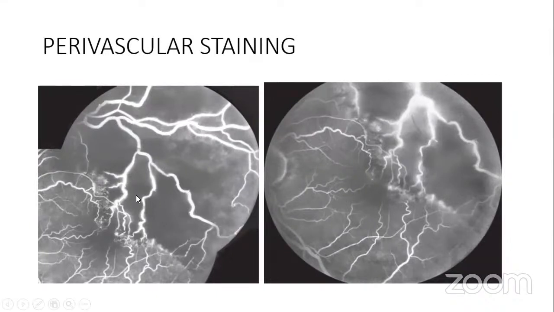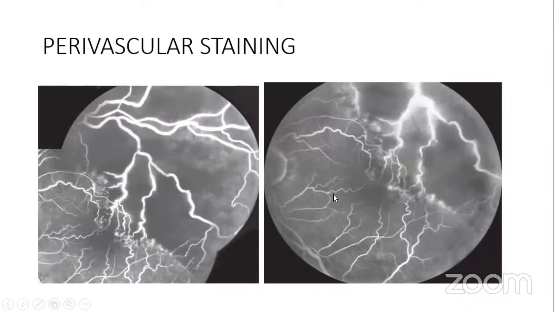So, one of the key features to notice, see the background. This area is dark. So this area is hypofluorescent. Some patchy hyperfluorescent area from the normal retina.